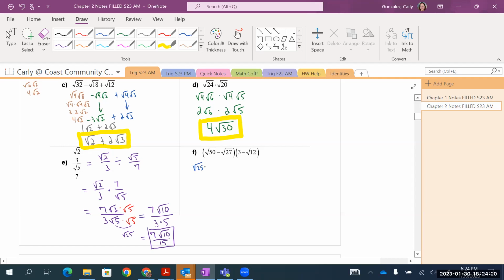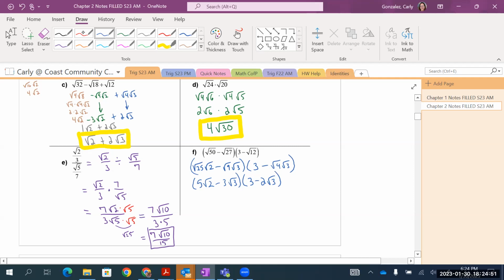So rad 25, rad 2. And then 4 doesn't go into 27, but 9 does. So we got rad 9, rad 3. And just like before, we got rad 4, rad 3, 4, rad 12. And so we have 5 rad 2 minus 3 rad 3 is the first part. And then we have 3 minus 2 rad 3 in the second.